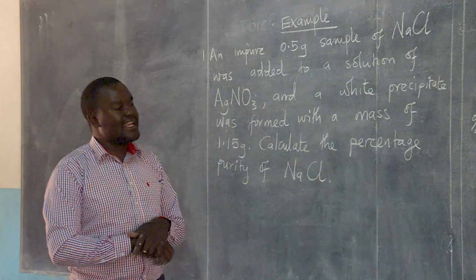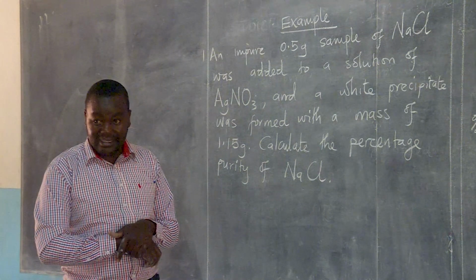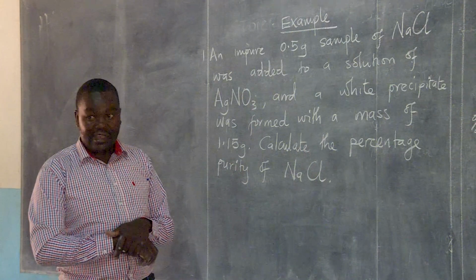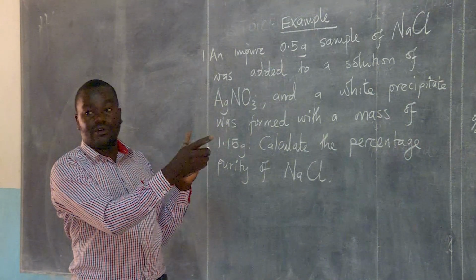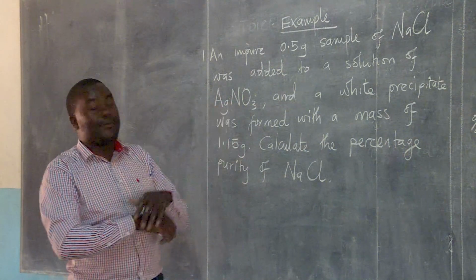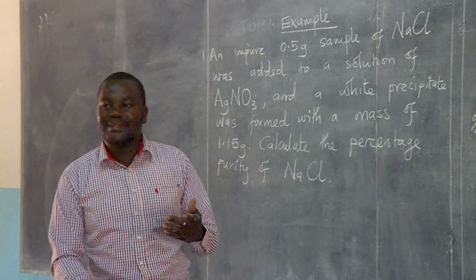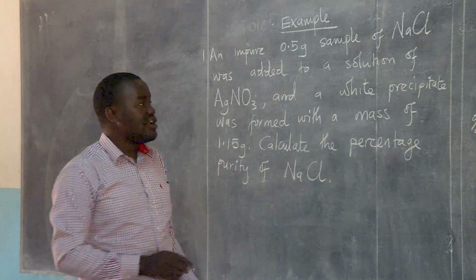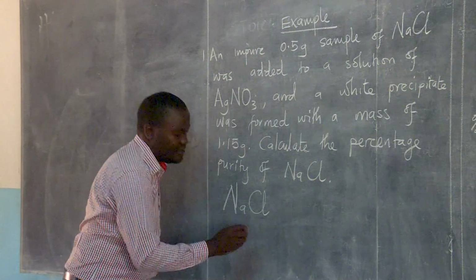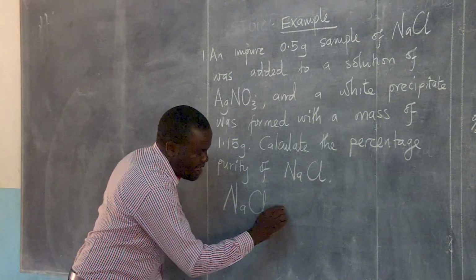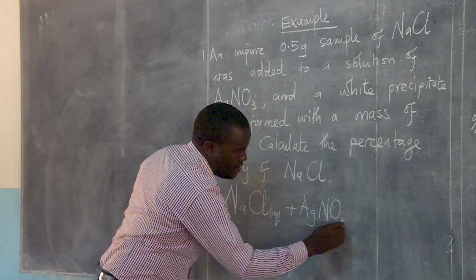So this is a reaction between sodium chloride and silver nitrate. Are we together there? Yes. I think you came across this equation when you were looking at acids, bases, and salts under preparation of insoluble salts. So this type of reaction is a precipitation type of reaction. So we have the sodium chloride, which is in aqueous state, reacting with silver nitrate.